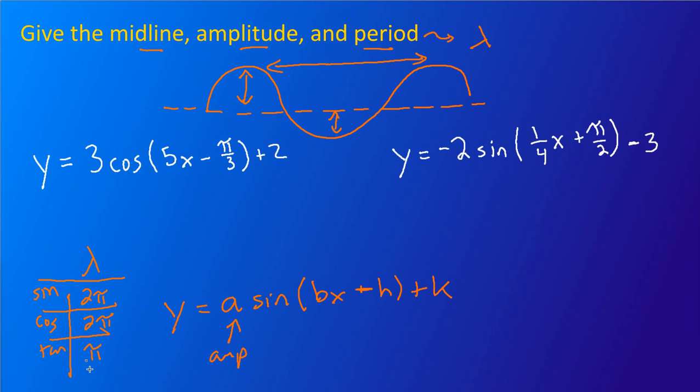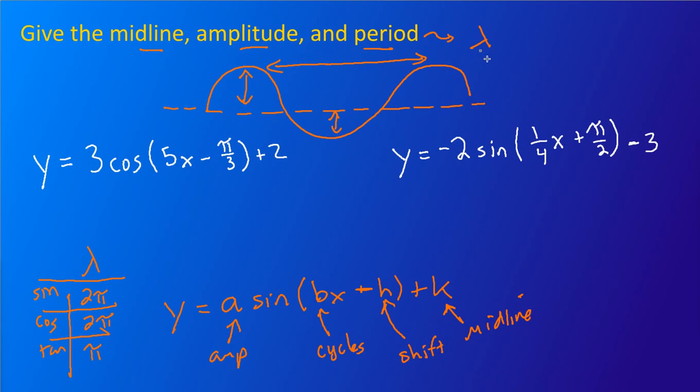Tangent, it doesn't make sense to talk about amplitude because it's infinite. It goes infinitely tall. B had to do with our cycles. We'll talk about how we're going to use that in a second. And then our h and k are related to our shift. So our k is actually our midline, and our h is related to our shift.